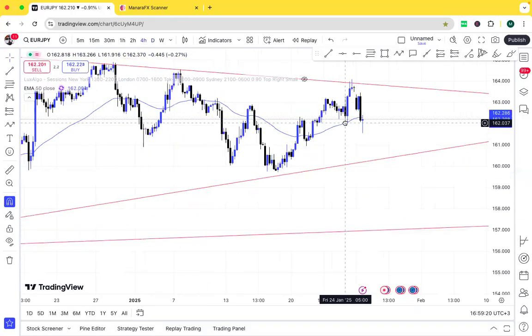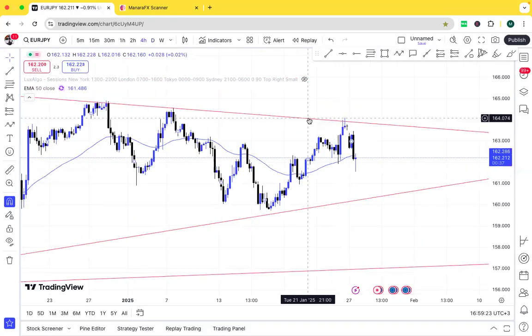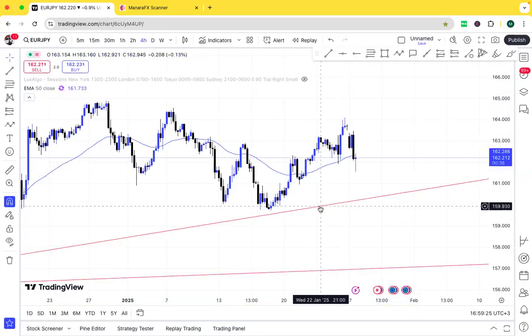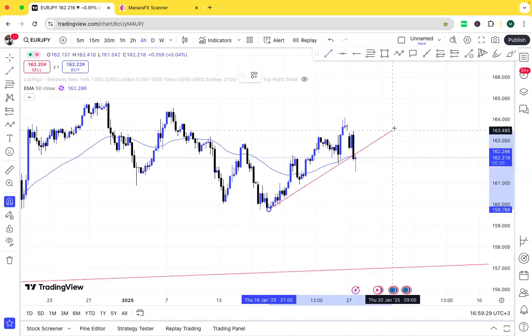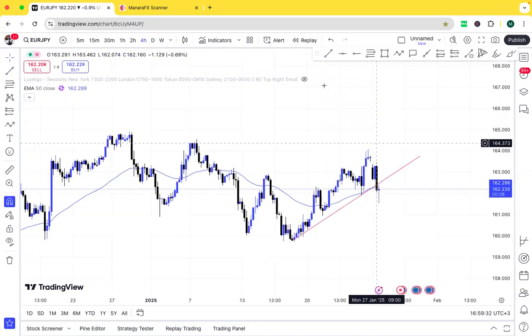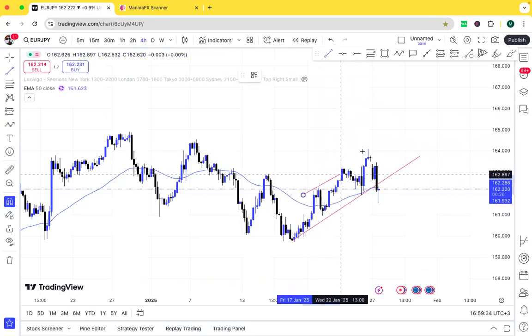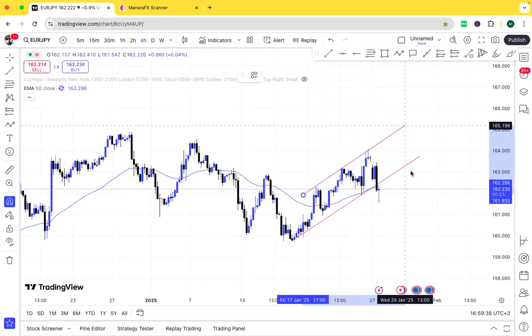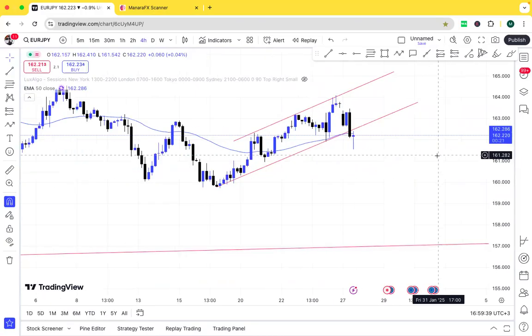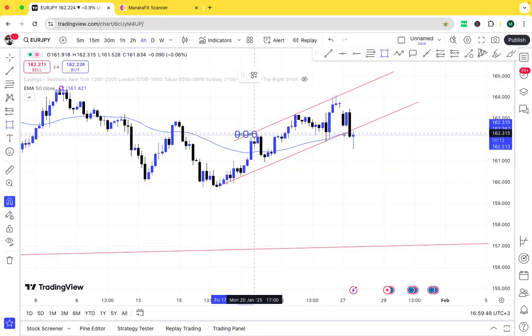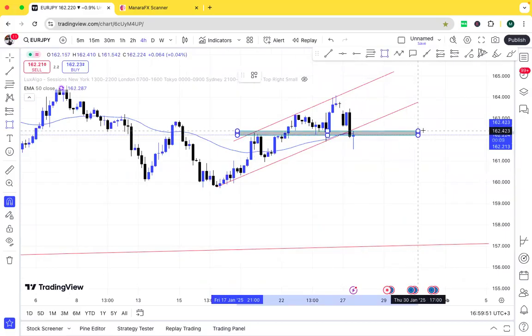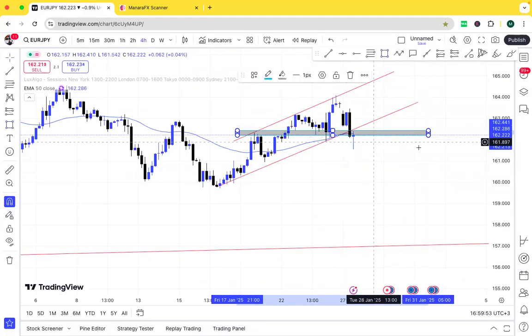On the 4 hours time frame, we can see this channel moving up. What is happening here is we have a broken zone, which is here. So this has been broken. Good, the 4 hours candle has closed below.